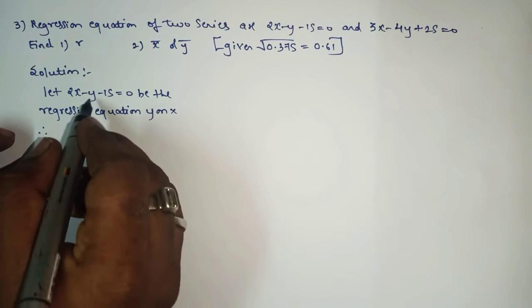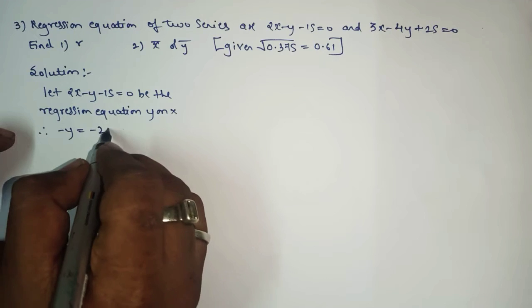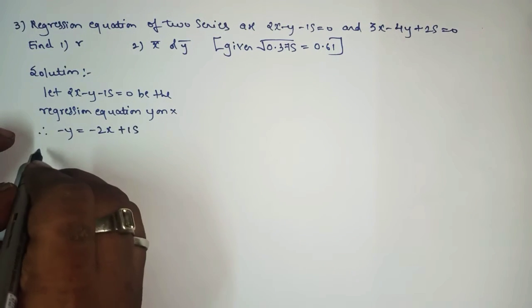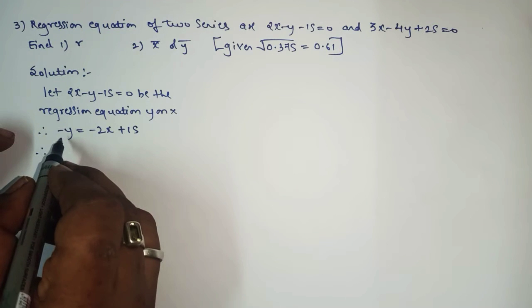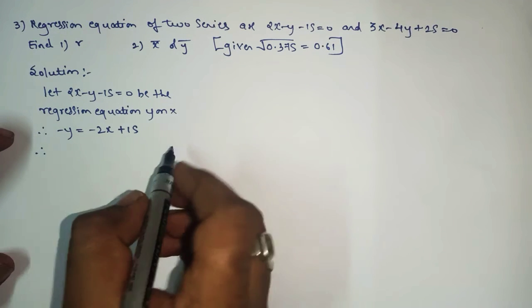So it means we'll keep y on the left hand side and x and the number on the right hand side. Here clearly we can see that the coefficient of y is minus 1. Yes or no? It is not 1, it is minus 1.